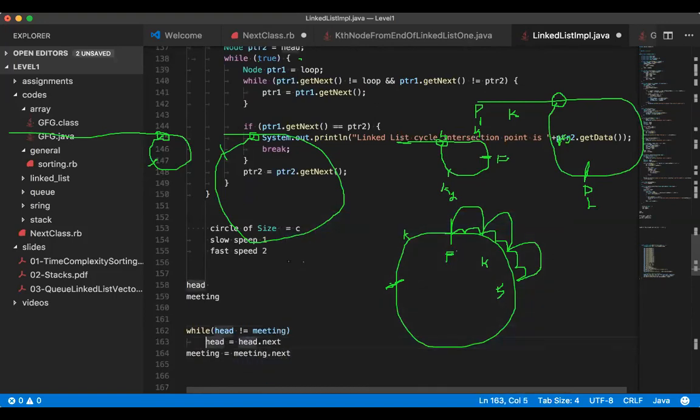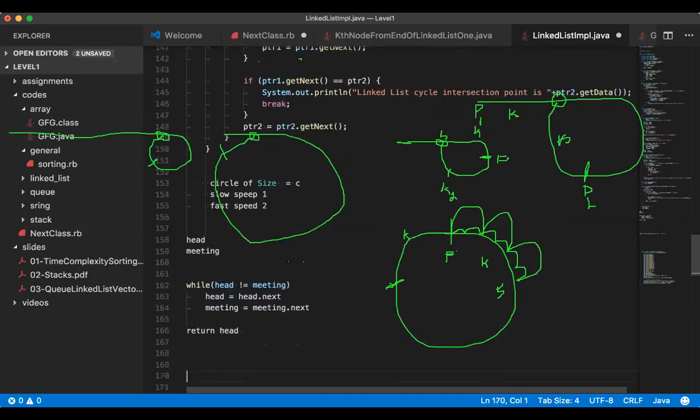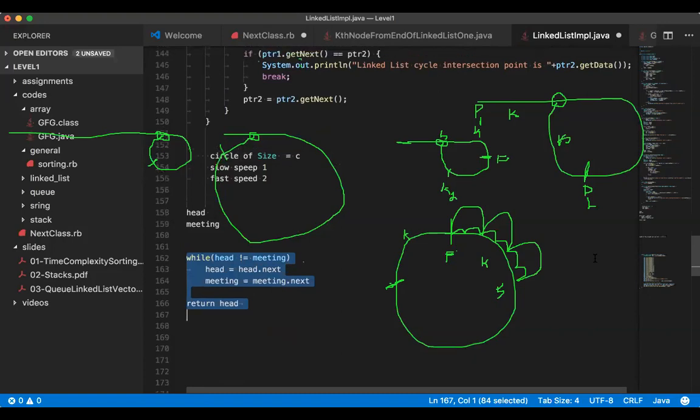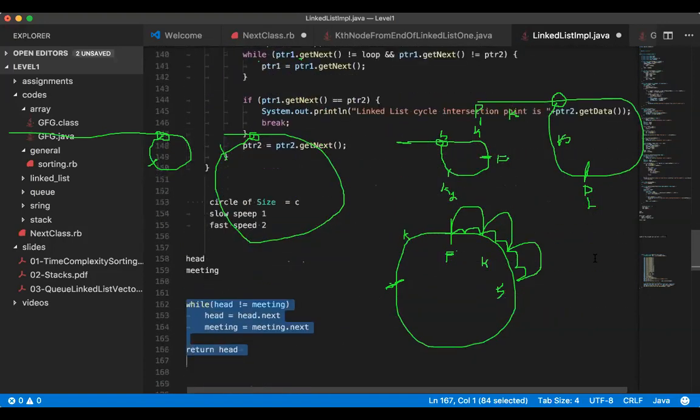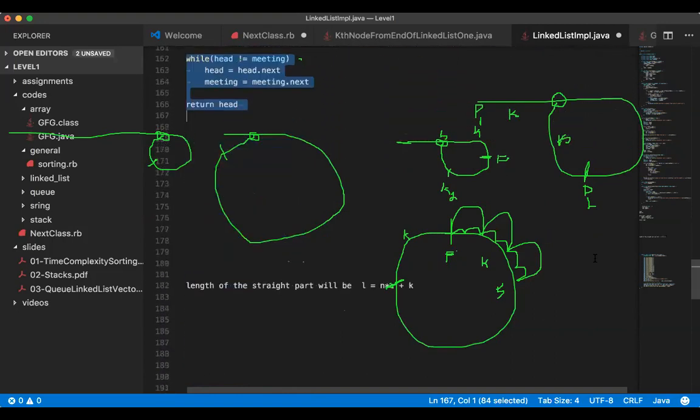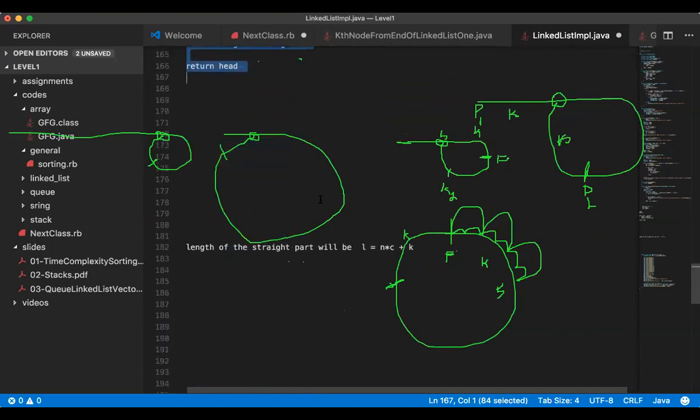The moment they meet, return that point. This is my solution, which is order of n. We only have to prove this, and this solution will only work if we prove the equation I gave.